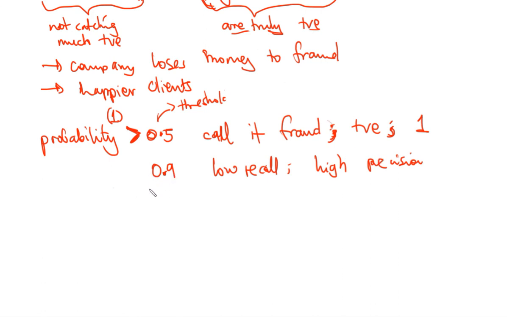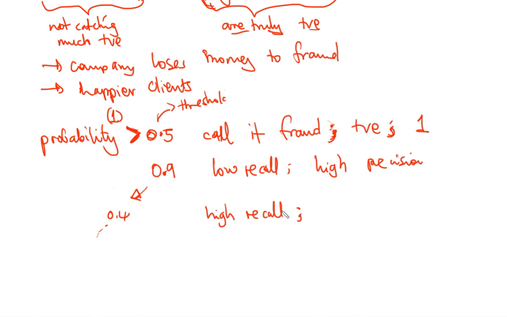As we lower the threshold, to 0.4, 0.3 or whatever it is, many transactions are now getting caught, flagged as fraudulent, fraudulent, fraudulent. Which means we are now capturing a bigger chunk of the true fraud cases. That's why our recall will start increasing. As we go down the threshold, we'll increase the recall.